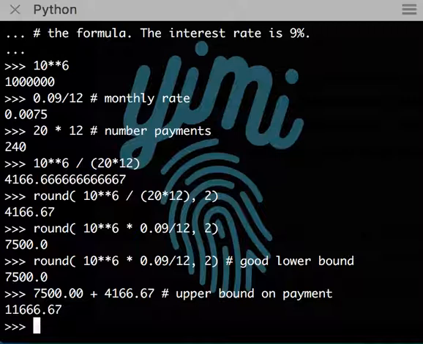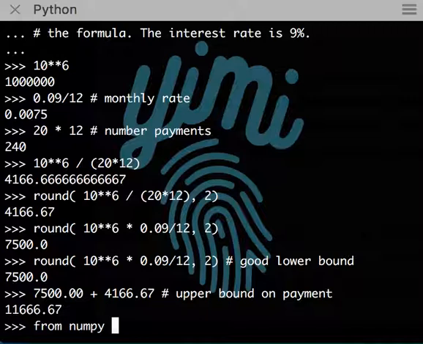So now we see that the monthly payment is definitely between 7,500 and 11,666.67 rand. What's the actual amount? Well, let's compute it using the appropriate function PMT from the Python NumPy library.